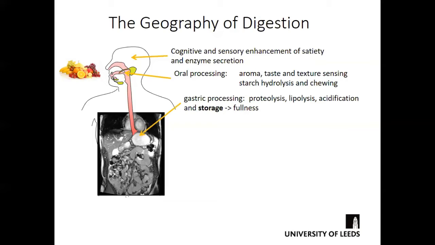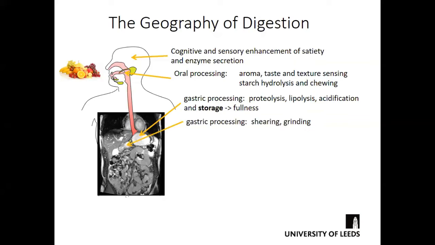From oral processing, we go into the stomach. So food is swallowed down the esophagus and enters the stomach, where proteolysis and lipolysis occur. The food is acidified, and it's a storage area as well, which is linked to our feeling of fullness.